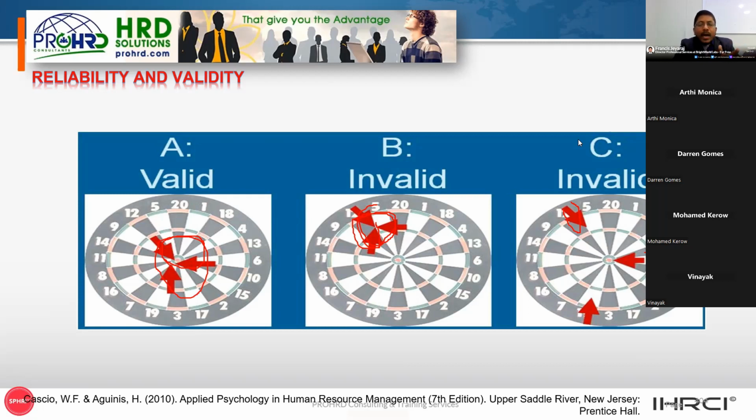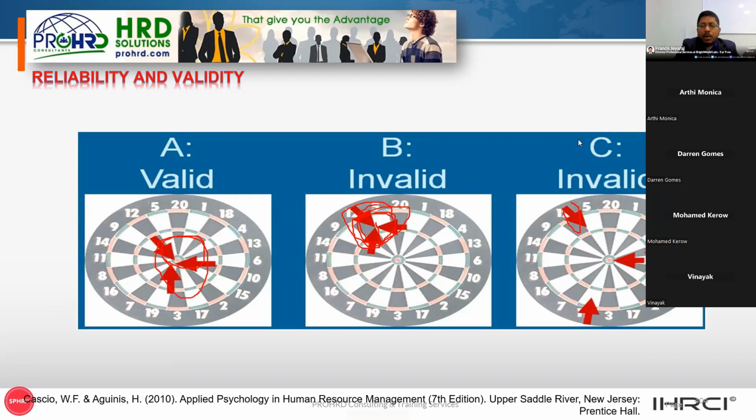It is possible to have a measure that has high reliability. Here you see in this picture, high reliability. My dots are going in a different direction, but whenever I aim, the dot goes to the same place. It is reliable, but not valid.